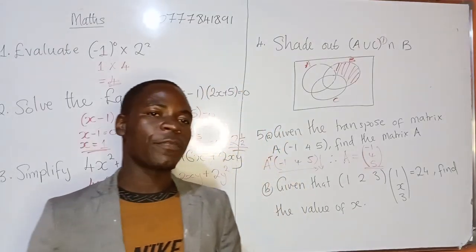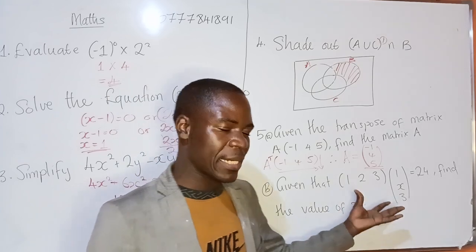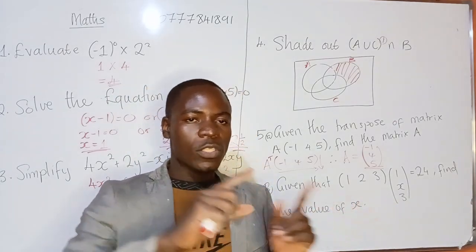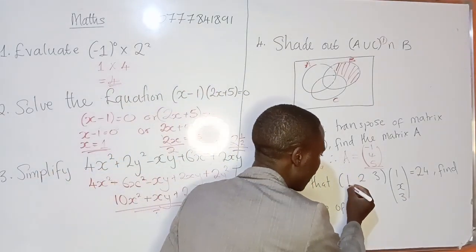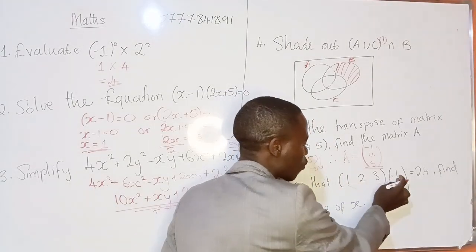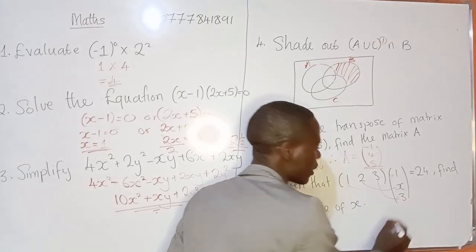Remember, when you want to find the value of something in the matrix, we multiply row by the column. So here we are going to multiply these rows times the column. So we are going to multiply 1 times 1, 2 times x, and 3 times 3.